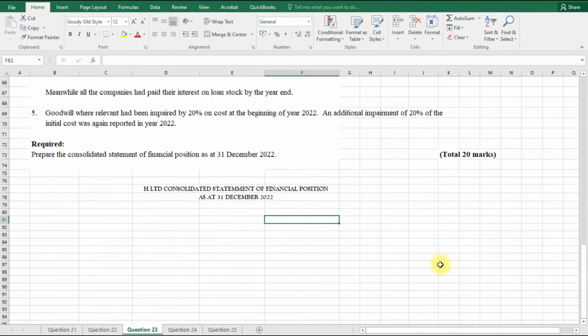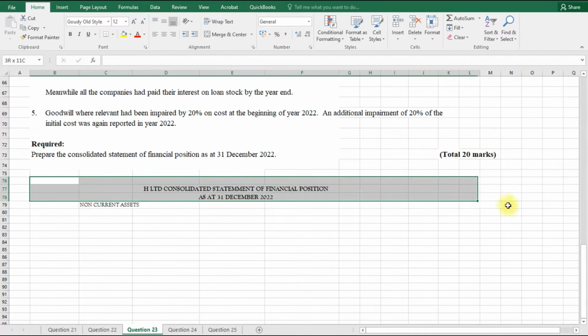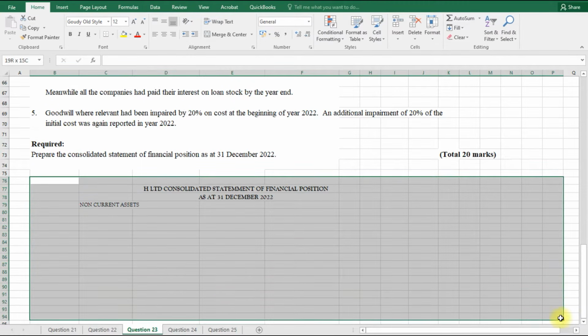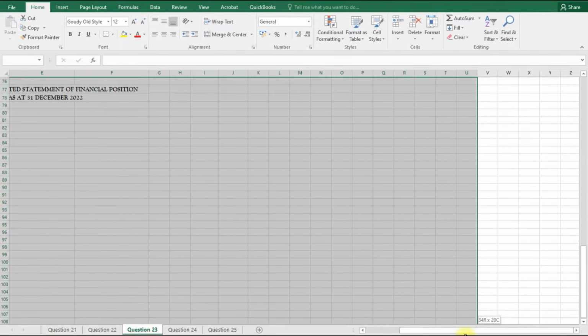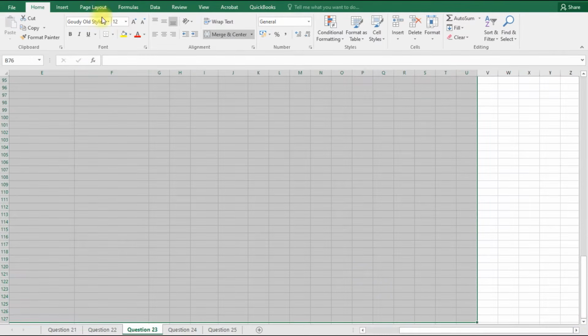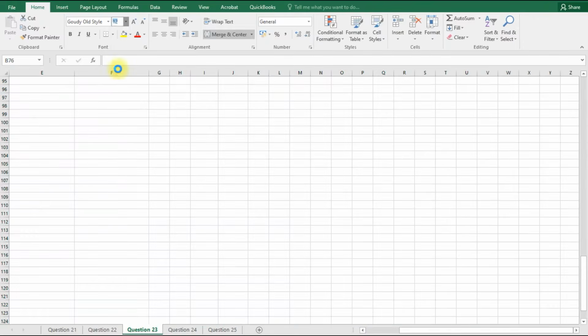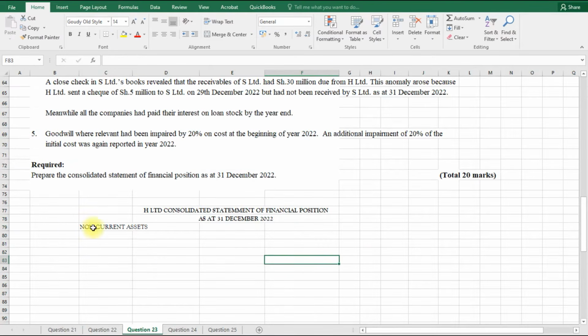So that we shall start with our non-current assets. Non-current assets. So this area I need to set at 14, and control bold.